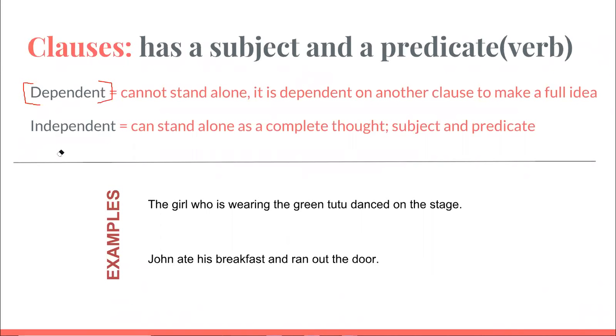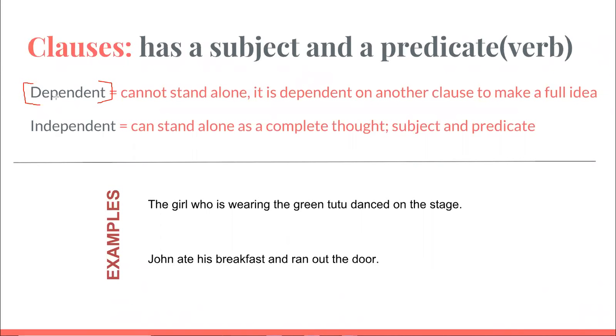So one of the things I always like to do is I put brackets around my dependent clauses. And I'm going to explain that a little bit more, but I really like trying to use the same markings across the board so it's consistent and you as a student are able to find them a little bit faster.